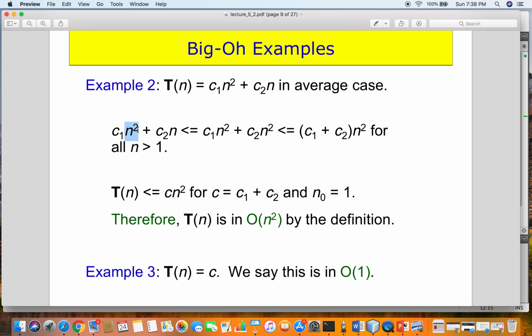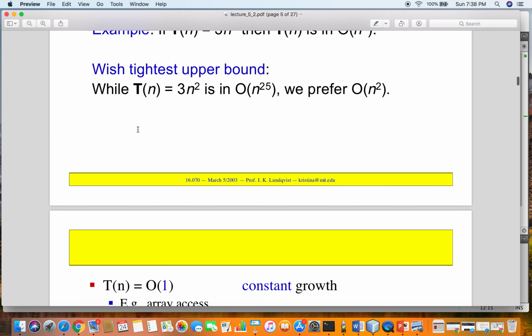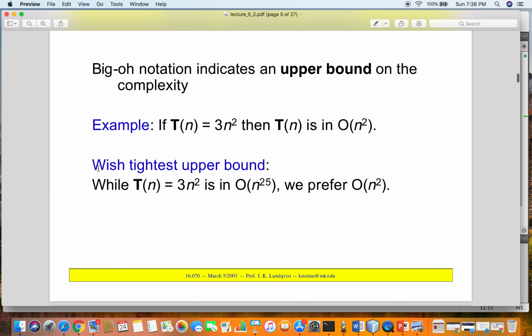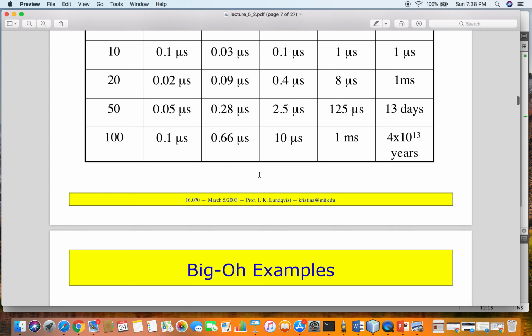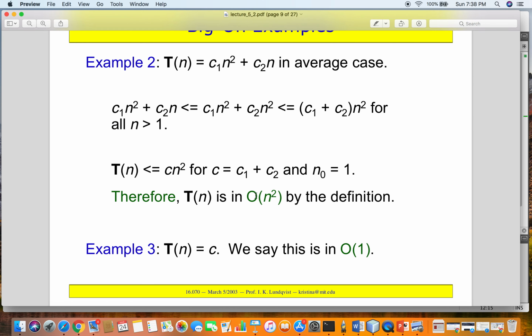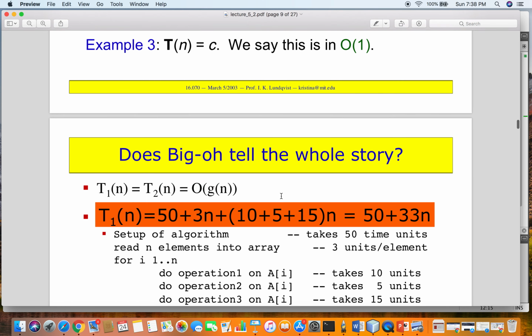We can take n cubed and so on, but we are taking the tightest upper bound, so that is O(n squared).